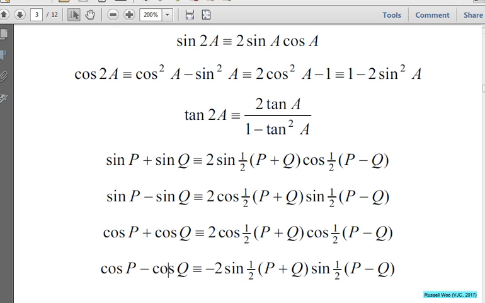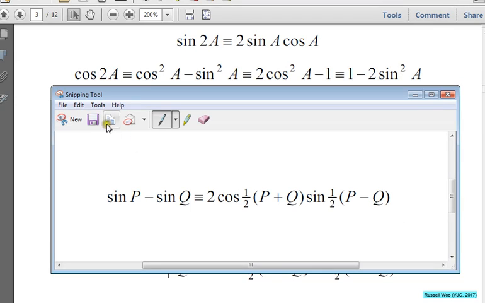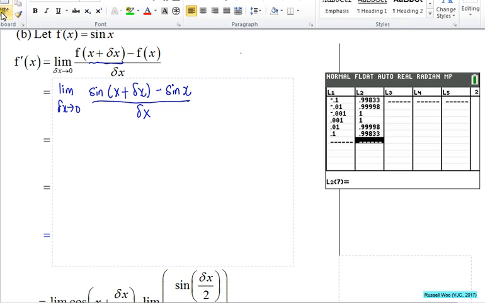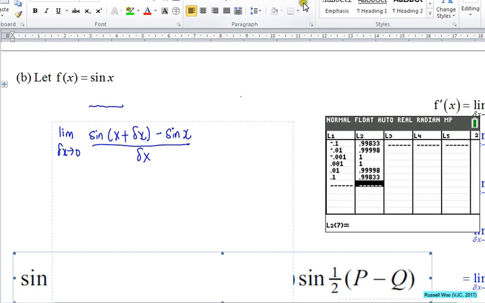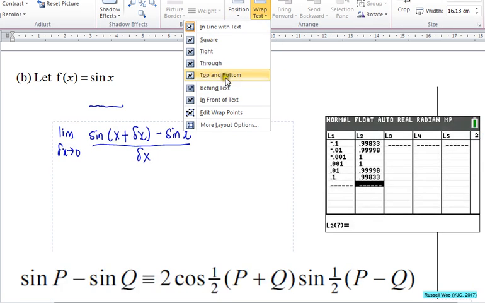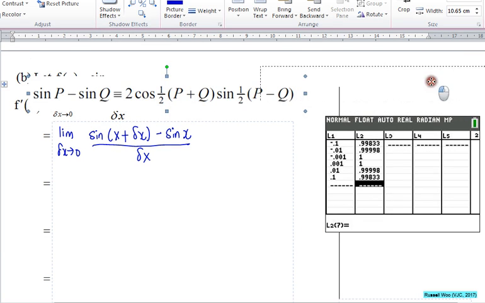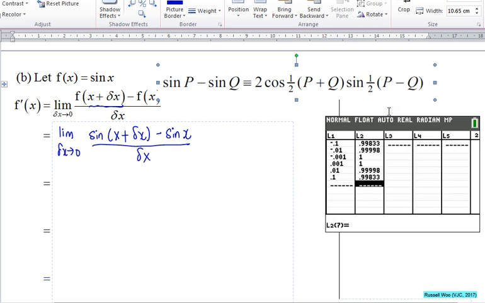Okay, there's this formula in MF26 that says sine P minus sine Q is this.